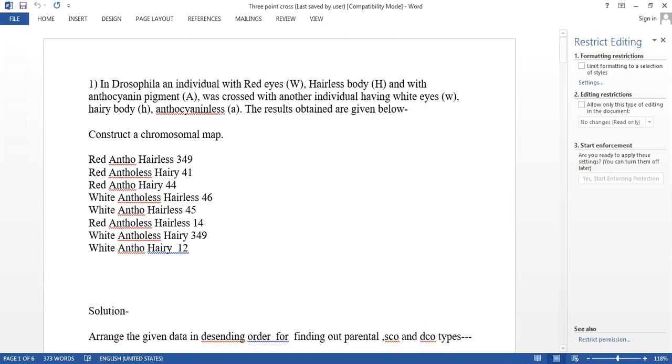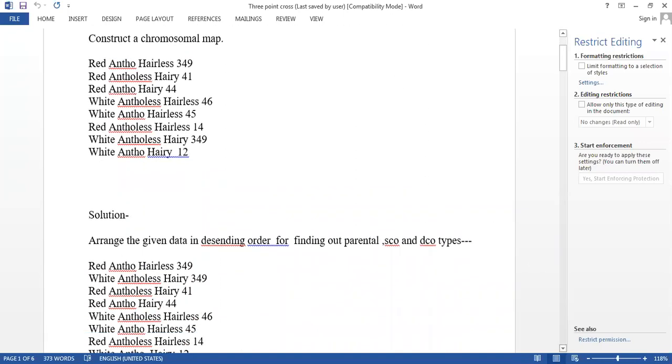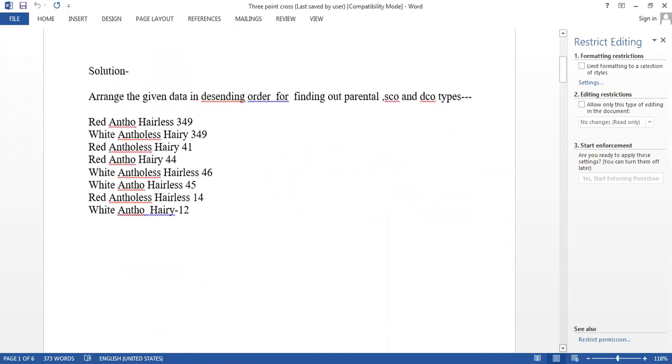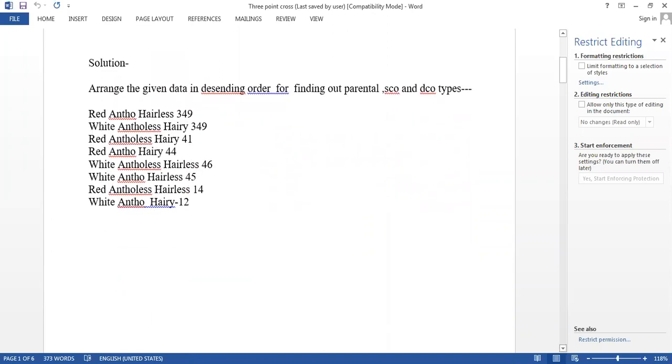How to solve it? See here. Solution. As I told you, there are two solutions, solution 1 and solution 2. In solution 1, you're going to find out which of the given genes is in the center. That is called finding out the location of the gene.